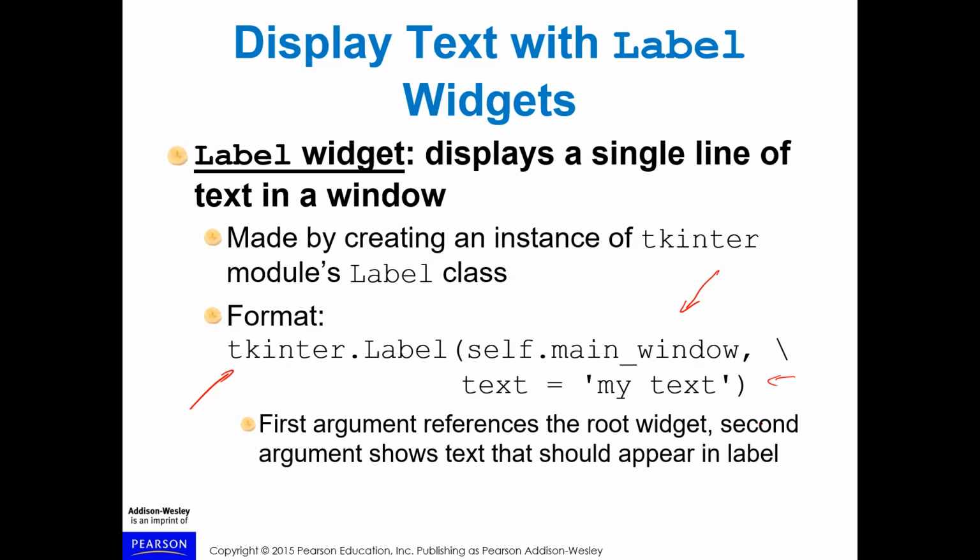The first argument references the root widget, which is the main window, and the second argument shows text that should appear in a label.